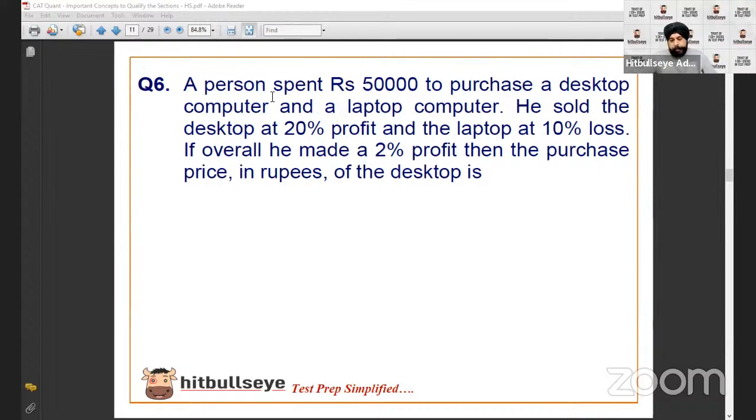He spent rupees 50,000 to purchase a desktop computer and a laptop computer. He sold the desktop at 20% profit, the laptop at 10% loss.